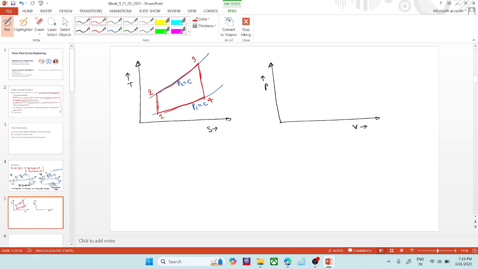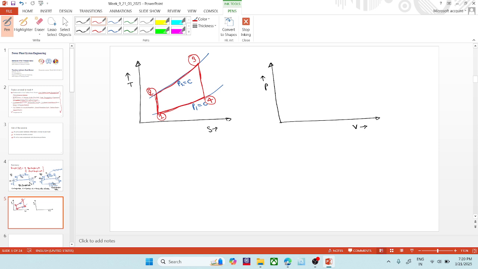So the Brayton cycle comprises four processes: 1 to 2 is the isentropic compression in the compressor, 2 to 3 is the constant pressure heat addition in the combustion chamber, 3 to 4 is the isentropic expansion in the turbine, and 4 to 1 is the constant pressure heat rejection in the intercooler.